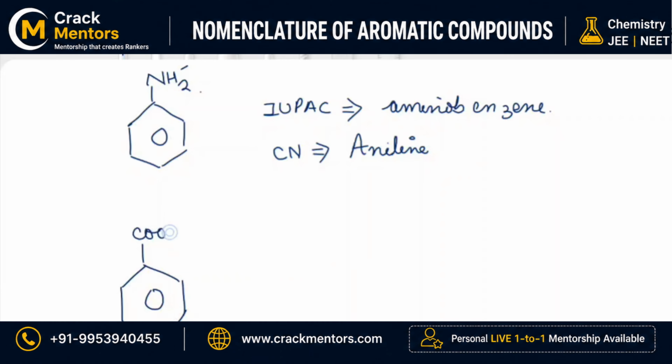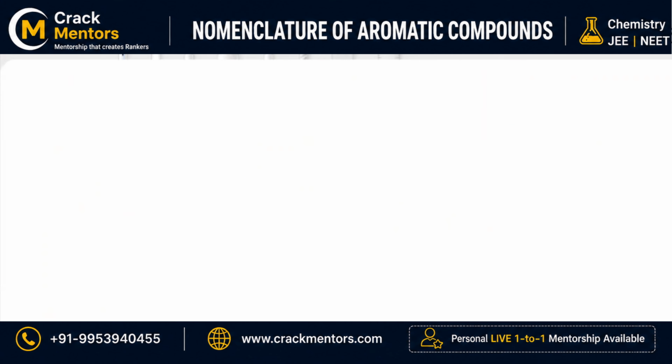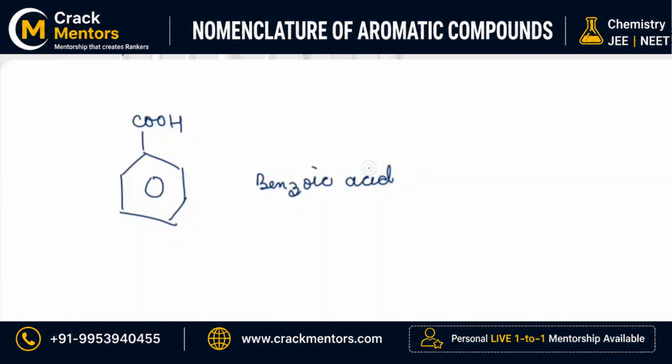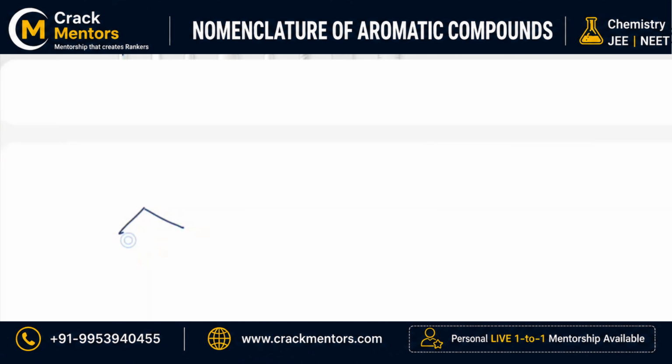So the IUPAC name and common name here is also same, and we have discussed this compound in special compounds also. Its name is benzoic acid. Fine. Next, you tell me the name for this compound. First of all, identify the functional group, that is CHO, aldehyde, okay, and it has been attached to the benzene, so the name becomes benzaldehyde.